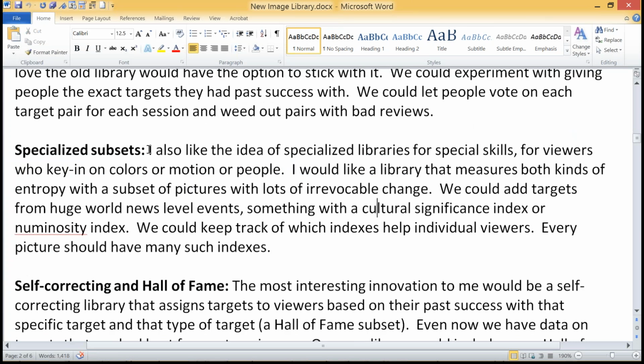Yeah, and that is the concept of specialized subsets. When Jennifer first came to me, she said, I specialize in colors. And I know myself, I like to focus in on motion. When there's motion in the target, I'm generally good at picking up that there's motion and also what direction that motion is in, even if that direction is circular or spiraling.